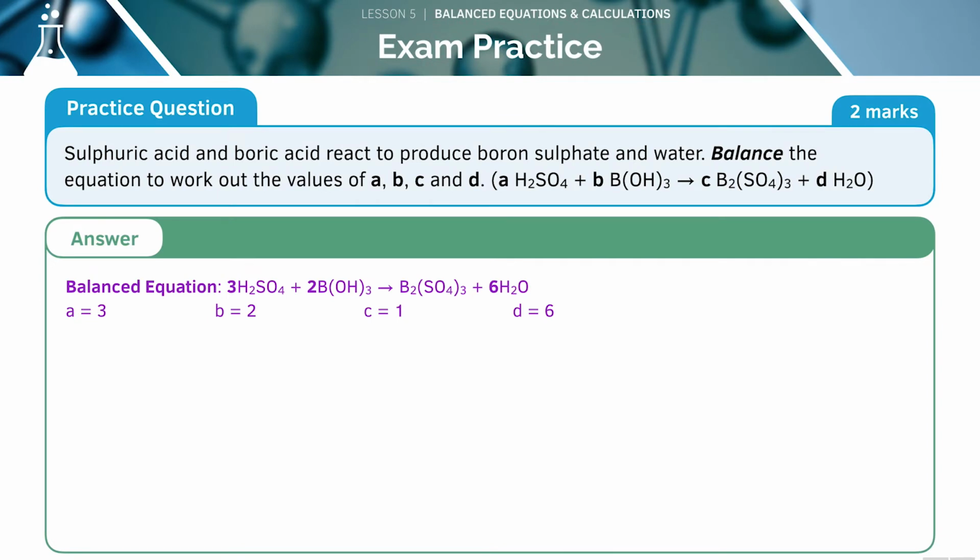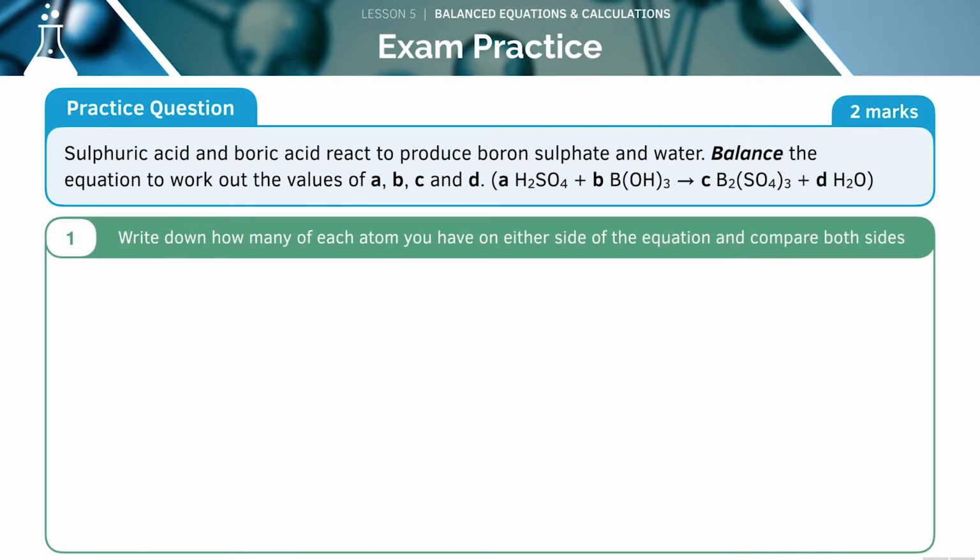Let's work through the question step by step to see how we got to this. So as always, we need to write in the number of atoms on each side of the equation. So here we'll have our left-hand side and our right-hand side.